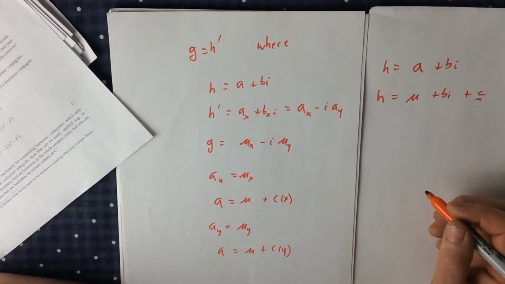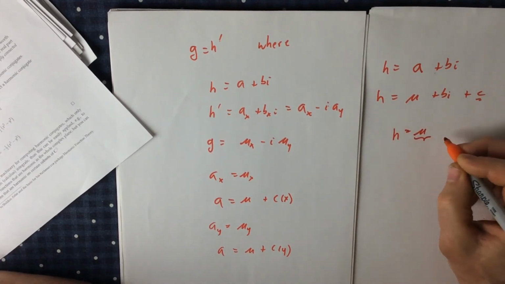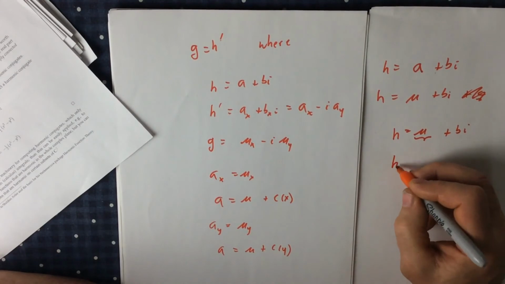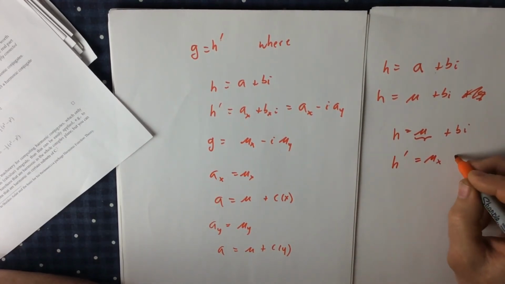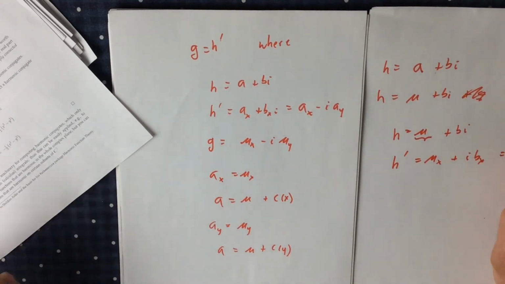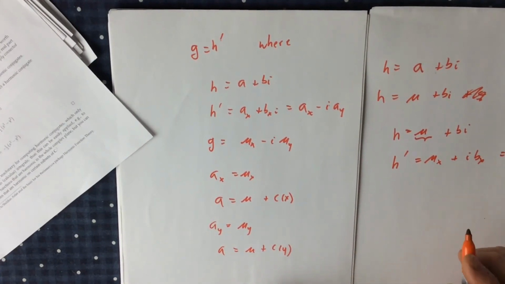But wait a second, we've just succeeded. We have h, which has mu as a real part, and b sub i, if we throw that away, this thing's derivative is mu sub x plus i b sub x, which is our function g. And so we have a function that is differentiable that produces the mu sub x.